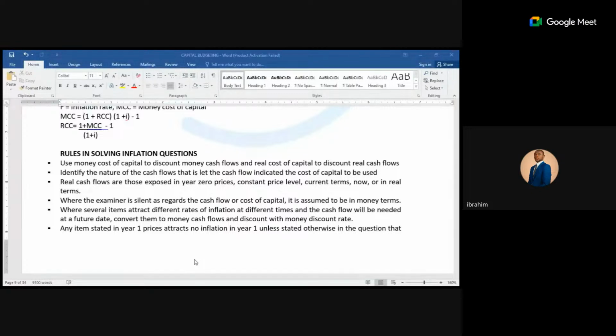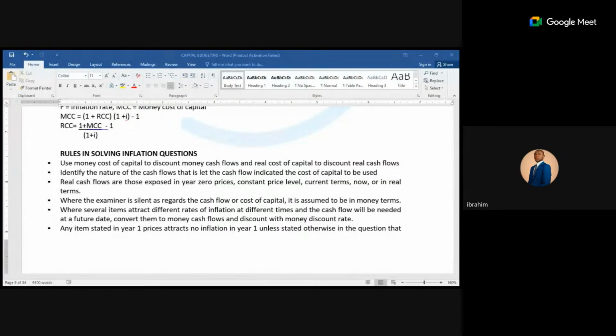You can convert it, but that will take your time. So just convert the real to money or the money to what?